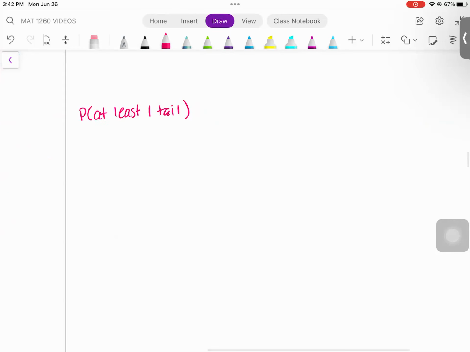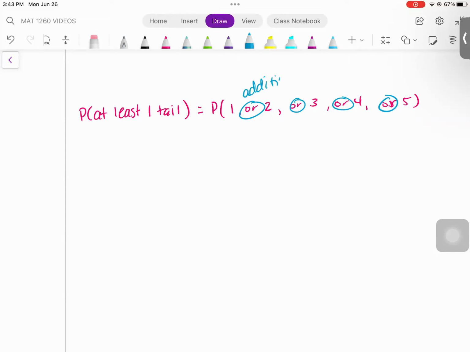Well, this would be the same as the probability of getting one tail, or two tails, or three tails, or four tails, or five tails. And each one of these "or"s implies the addition rule.